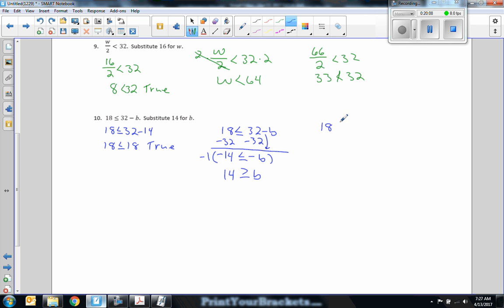Check. 18 is less than or equal to 32 minus 13, which is 19.